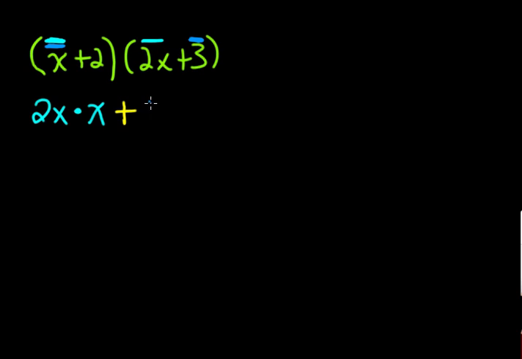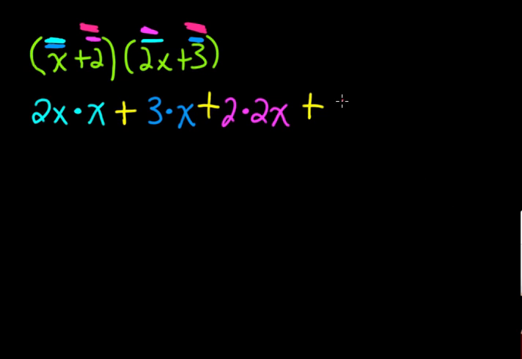So I'm going to put 3 times x. I'll put my number first. Now my inners, let's get a slightly different color. So that's inside and that's inside. So notice how I've got the inside here, so that's 2 times 2x. And then my lasts. So that's a last, and that's a last, which is 2 times 3.